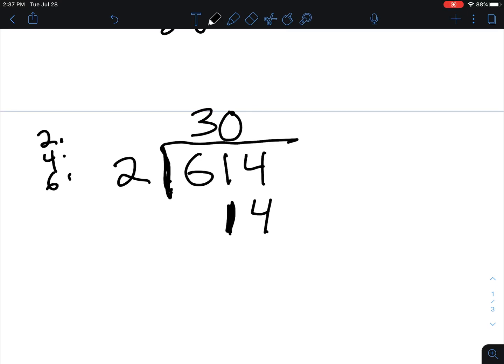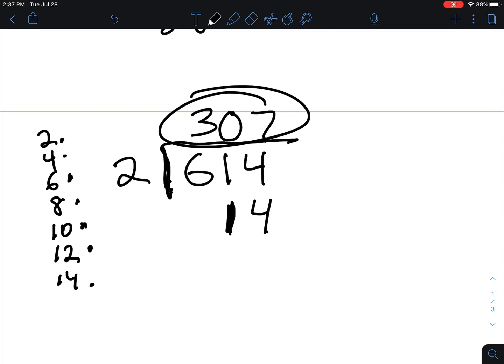So I have to bring the 4 down too. So how many 2's go into 14? I can keep counting my 2's over here. 8, 10, 12, 14. So that's 1, 2, 3, 4, 5, 6, 7.